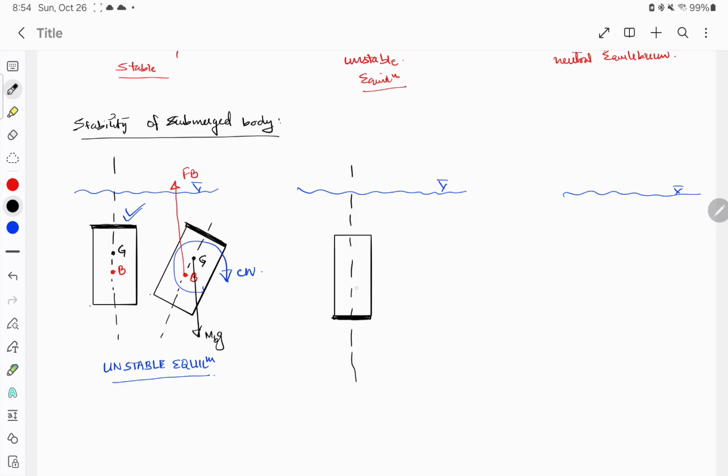So now the center of gravity is below, and the buoyant center, as we know, is on the center of gravity of the liquid displaced by the body. Again we'll do the same thing, we'll give the body a disturbance, and I'll see what happens.